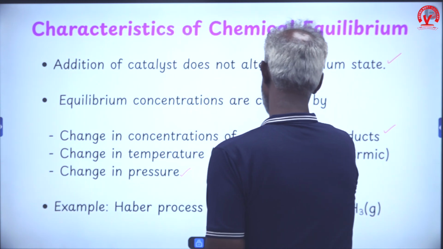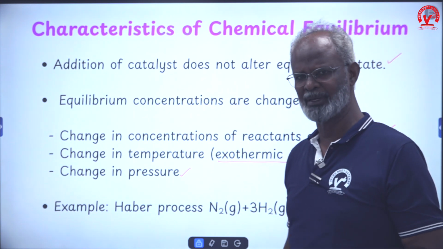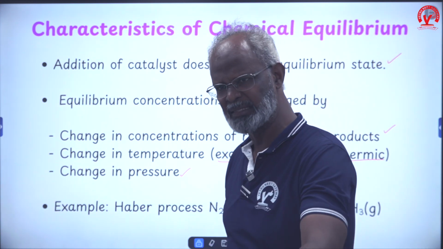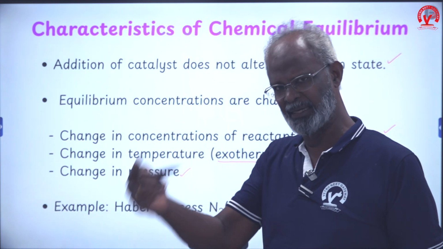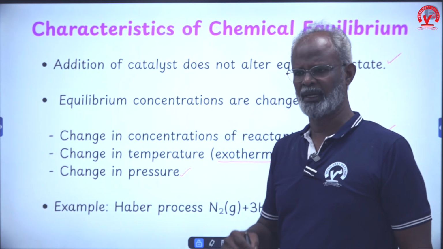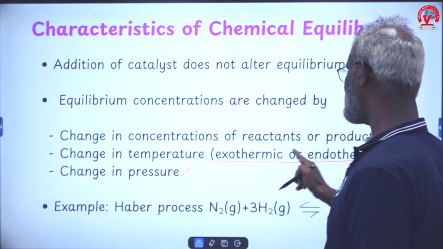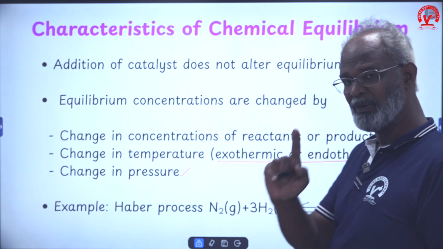Because the reactions will be exothermic and endothermic. In a reversible reaction, you must note that if the forward reaction is exothermic, that is, it releases heat, the reverse reaction will be endothermic, right? And vice versa. So now if you change the temperature, the equilibrium will shift.